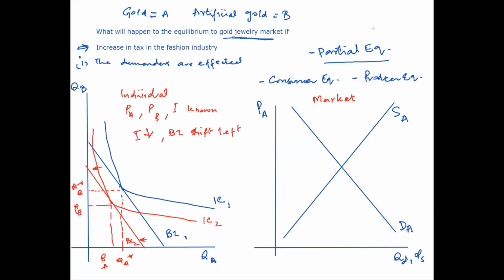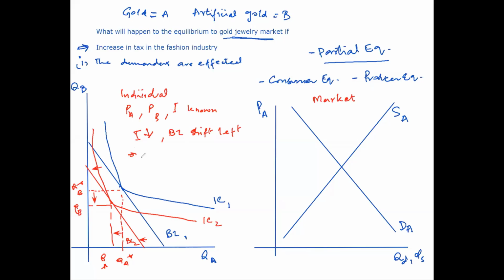So we draw arrows here. QA has decreased and QB also has decreased because there is a tax on gold jewelry. So this customer is now buying fewer units of gold because he does not have the income.